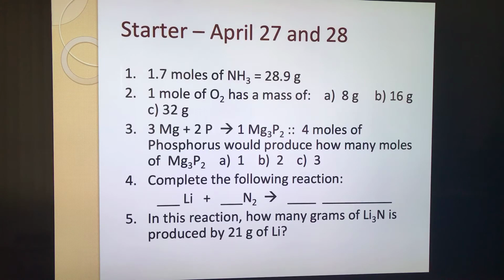If I started with 4 moles of phosphorus, how many moles of magnesium phosphide would I produce? 1, 2, or 3? Then number 4, complete the following reaction between lithium and nitrogen. And number 5, do a little calculation with that reaction. If I start with 21 grams of lithium, how many grams of lithium nitride am I going to produce?